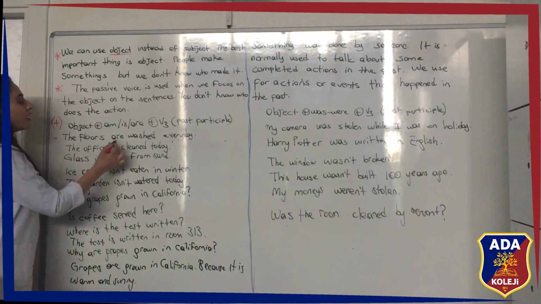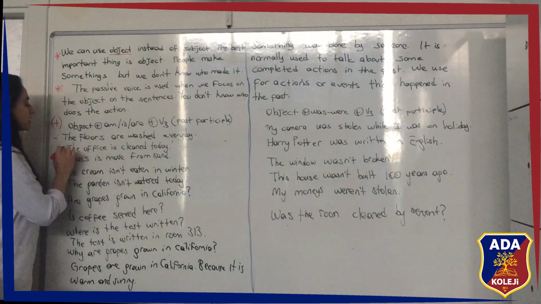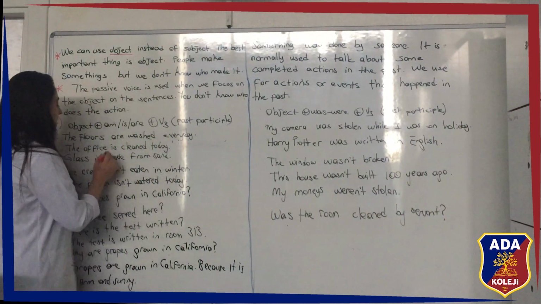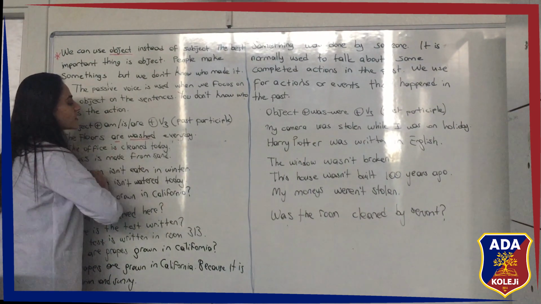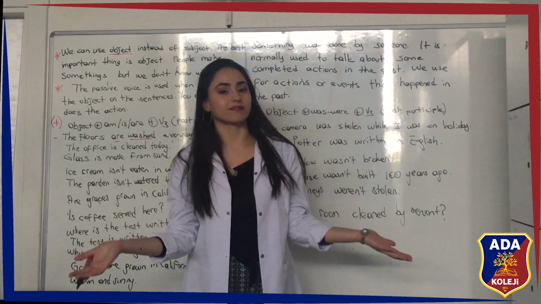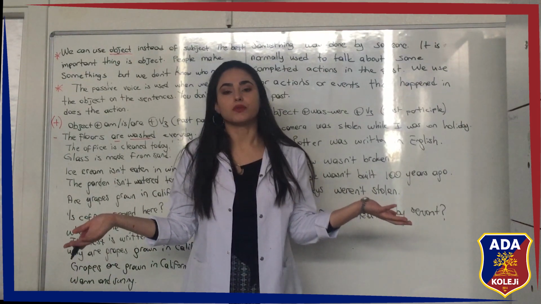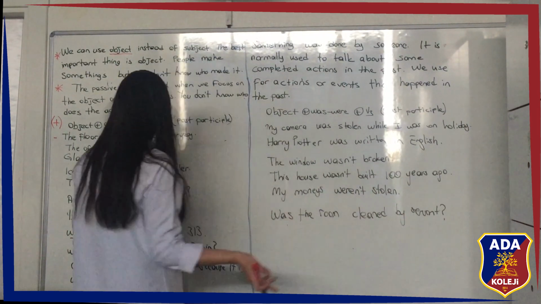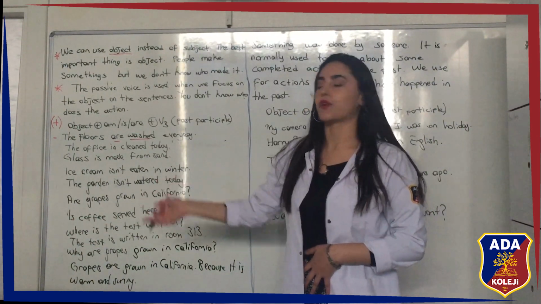The floors are washed every day, okay? The floors, object, and then we use are, and then we use verb 3, but we don't know who does the action, okay? Who does the action? Not certain. Maybe father, mother, sister, or the other people, we don't know.